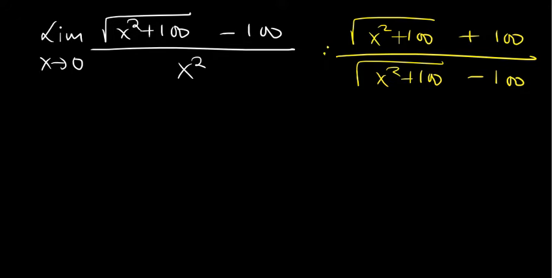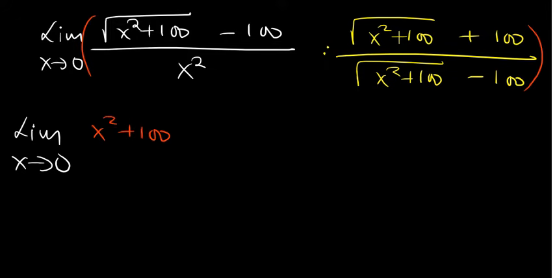So let's do the needful there. We multiply. So multiply the like parts. Whenever you're multiplying the like parts, it gives you whatever is inside there. So the limit as x approaches 0, we have x squared plus 100 remaining, because the square root disappears.